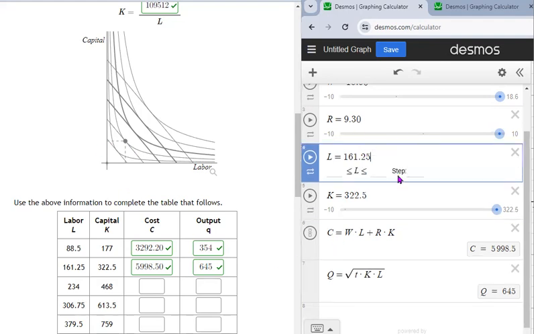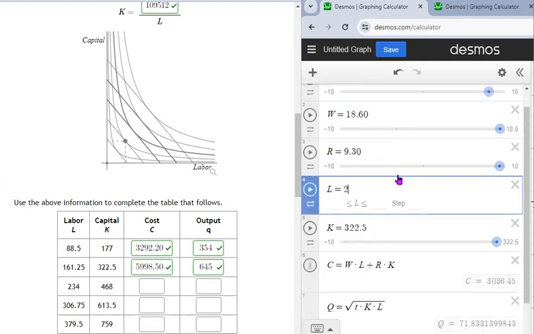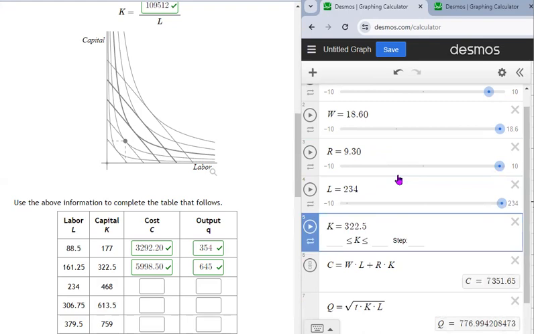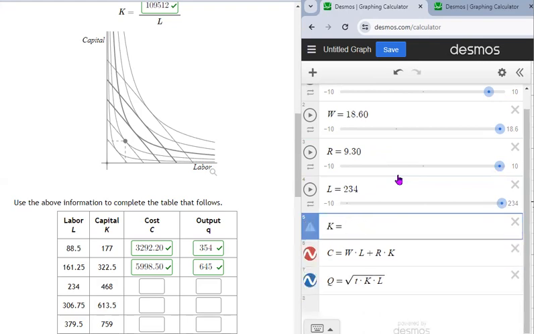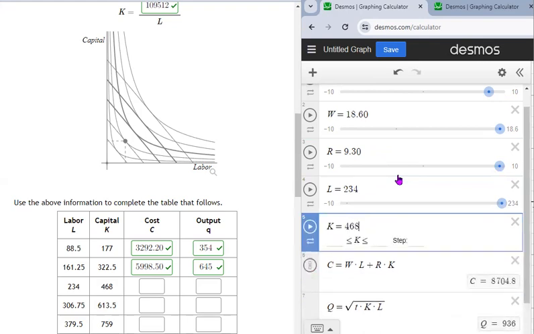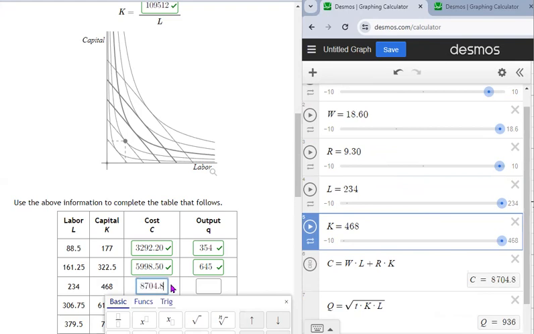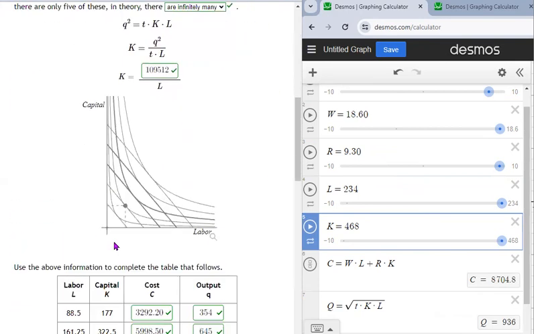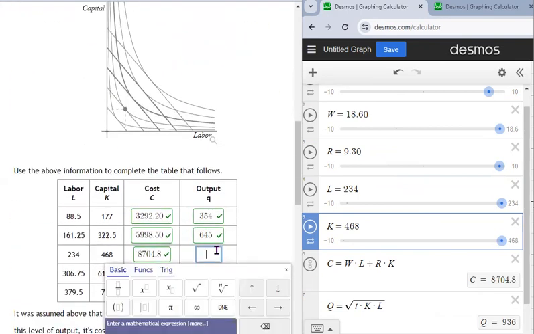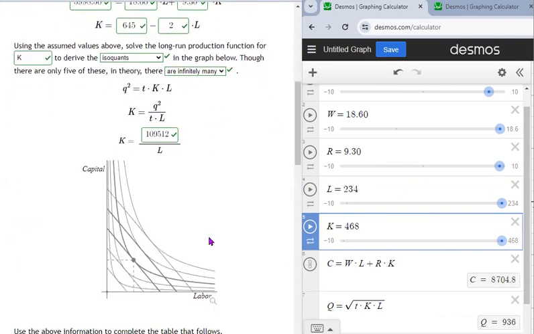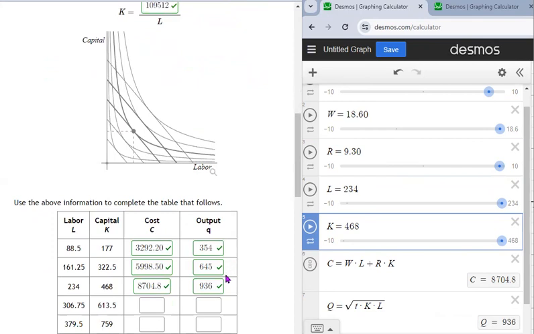So now it's increased labor to 234 units, capital to 468 units, and we get a cost of $8,704.80. And the output is 936. All right. So we have output of 936.